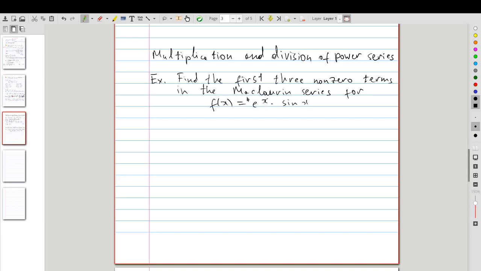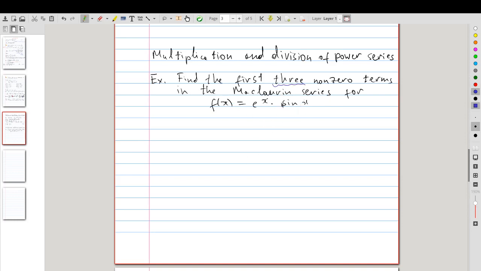Of course, this can be done directly if we need the first three terms from the Maclaurin series of this function.